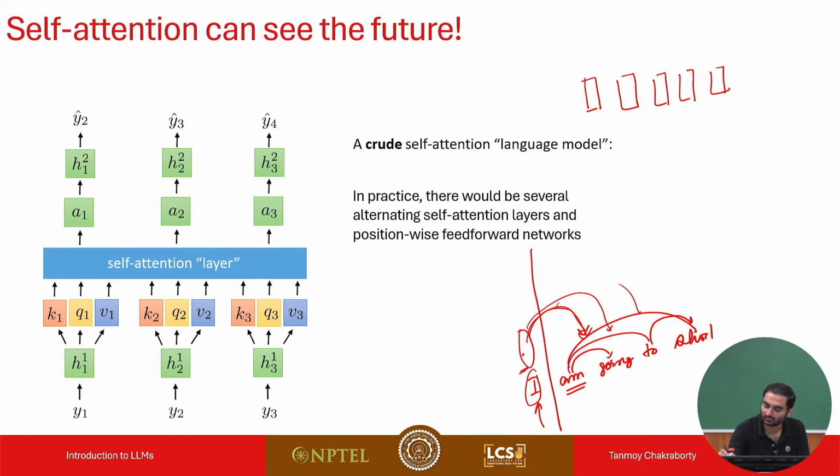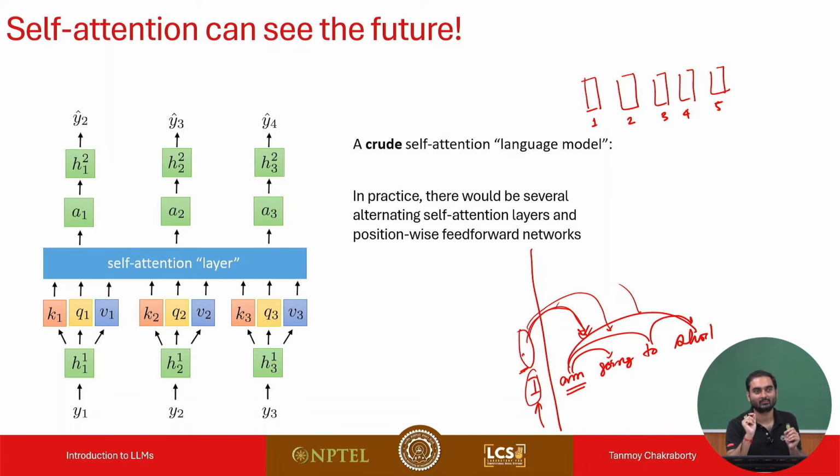Let's say this is the decoder. 1, 2, 3, 4, 5. Now remember, during the training time you are given both the input and the output sentence, source and target sentence. You know the entire target sentence during the training time, but during the test time you do not know, right?